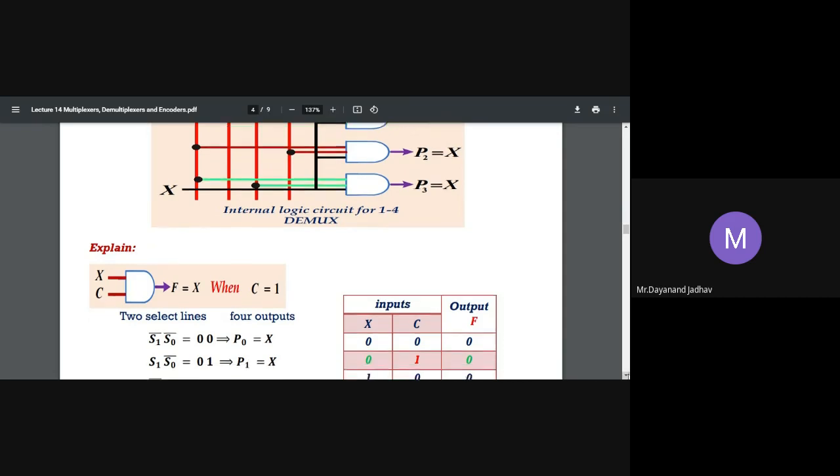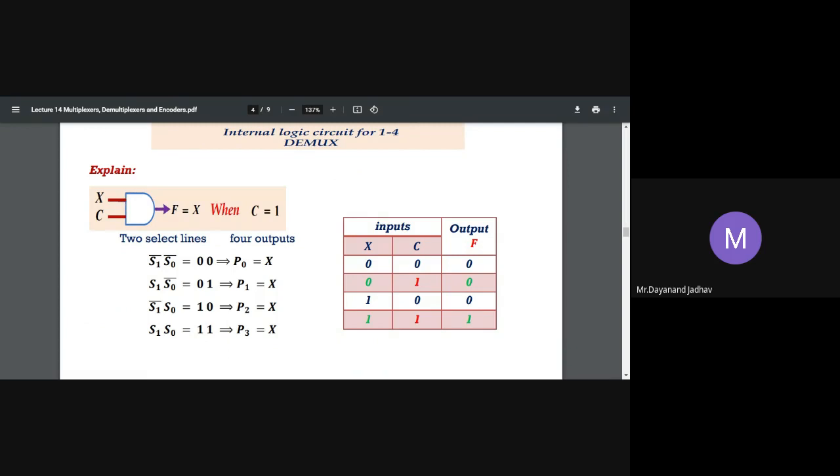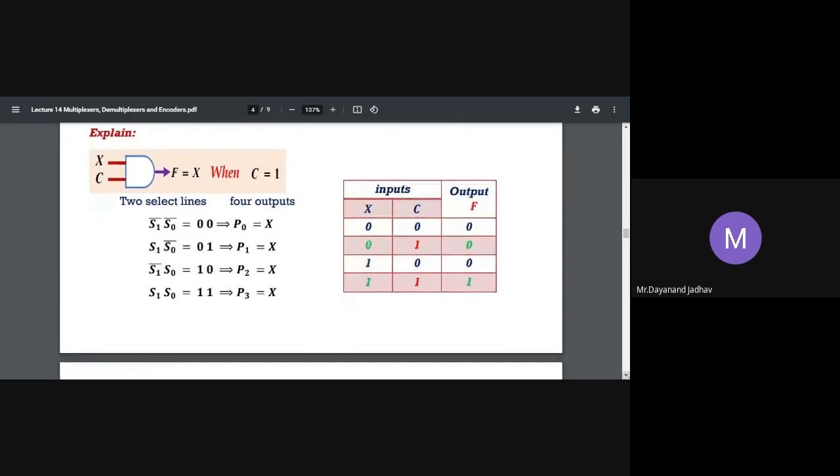Then what is the explanation? S0 bar S1 bar means 0 0, and P0 is equal to X. Again, S1 bar S0 means 0 1, P1 is equal to X. Then 1 0, that is S1 S0 bar, gives P2, and S1 S0 as 1 1 gives P3. So four outputs are there, P0, P1, P2, P3, and only one input, X. Like that, we can implement it with inputs X and C. When it is 0 0, 0 1, 1 0, 1 1, this is one of the AND gates.